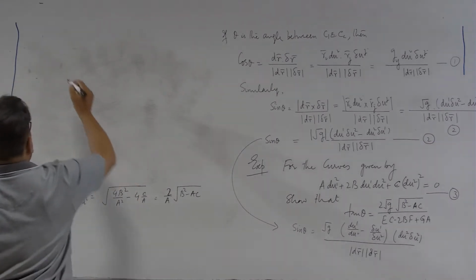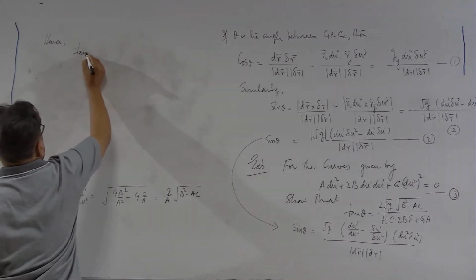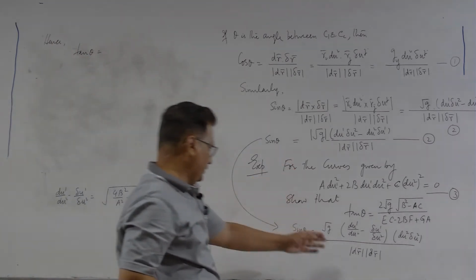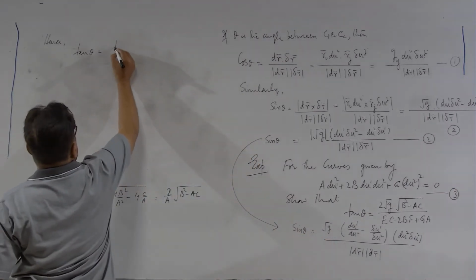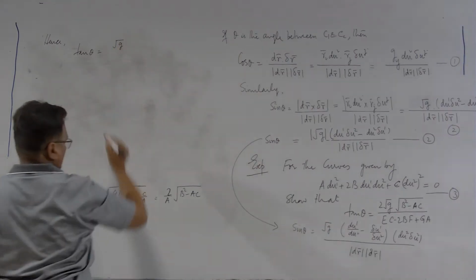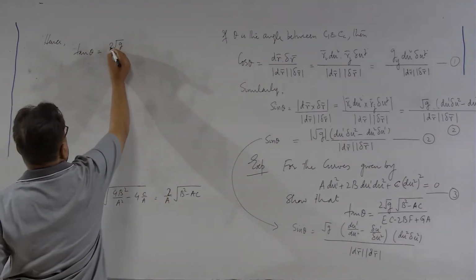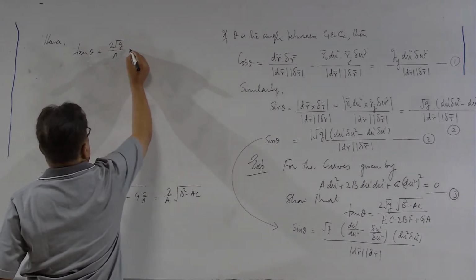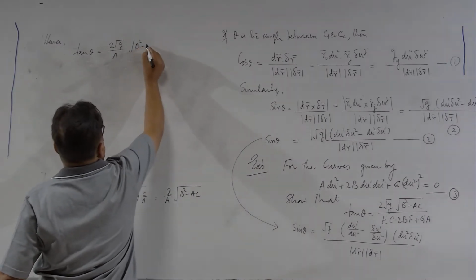So, hence tan theta is equal to sin theta, which I have rewritten like this: under root g, and 2 times 1 upon a into under root b square minus ac.